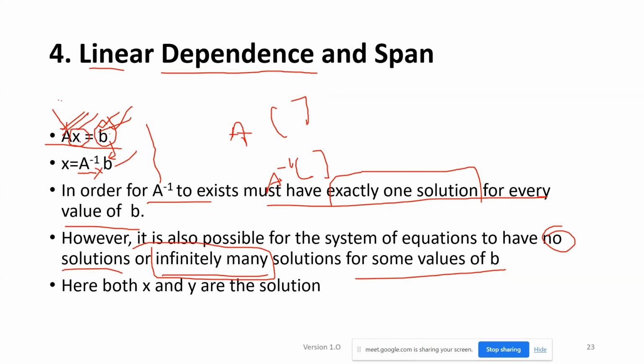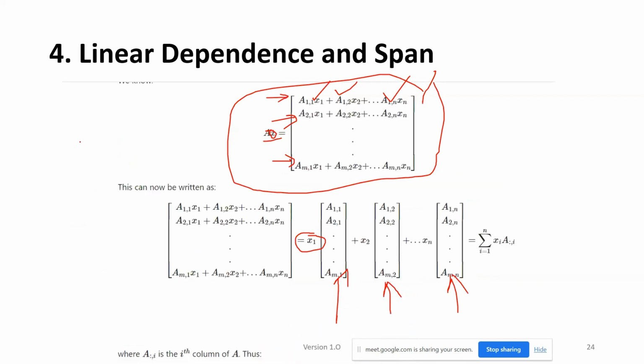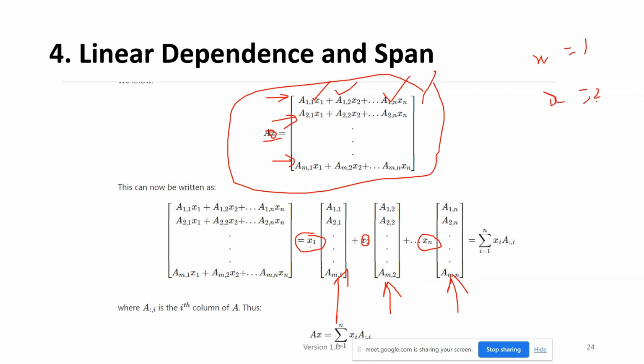A scalar is an individual element. Here x1, x2, x3 are scalars, say x1 equal to 1, x2 equal to 2, x3 equal to 3. We also have a matrix, which may be a row matrix or a column matrix.